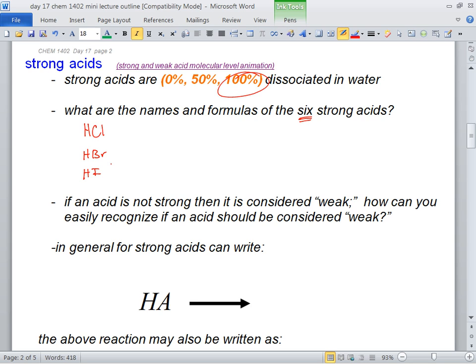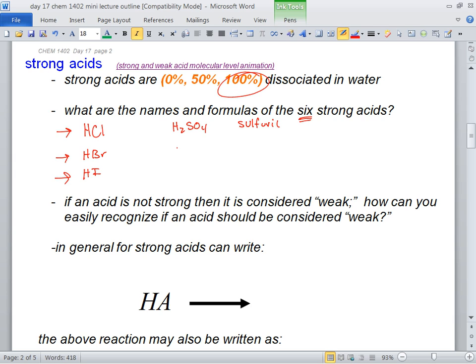There's three more. Does anyone know any of these? Ooh, H2SO4. So how do we call these? Hydrochloric, hydrobromic, hydroiodic acid. Okay, and then someone said H2SO4, sulfuric acid.